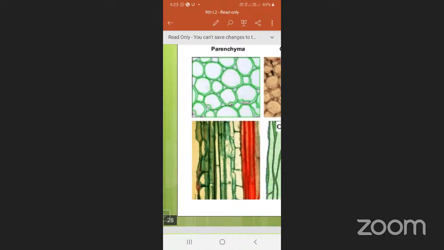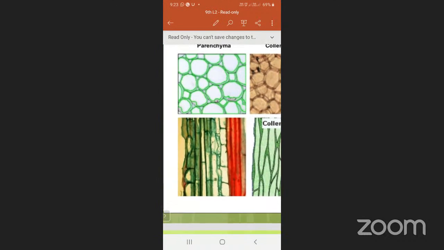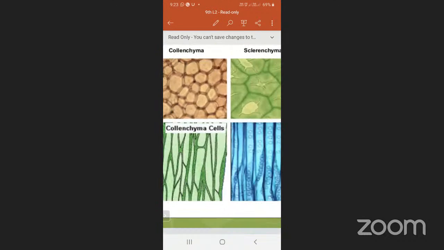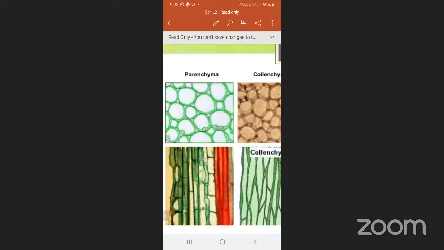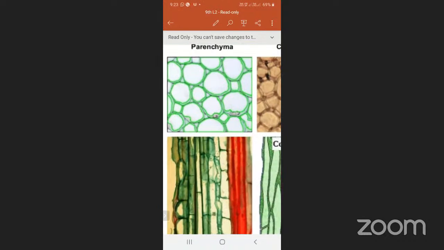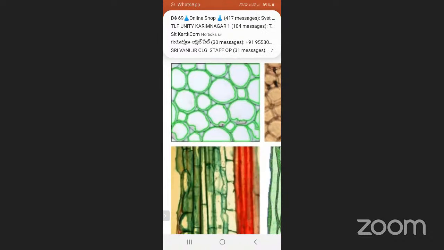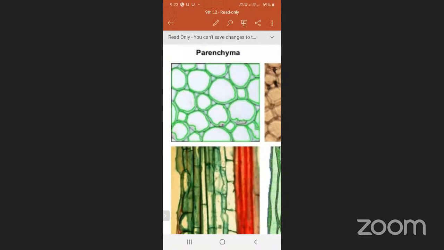Ground tissue has three different types: parenchyma, collenchyma, sclerenchyma. Coming to parenchyma, it is very soft, thin-walled and loosely packed.